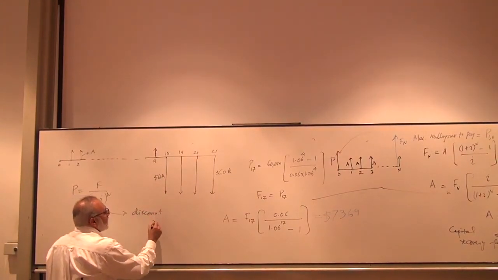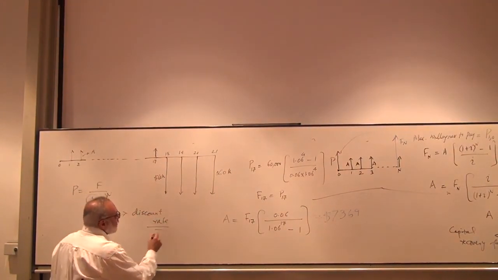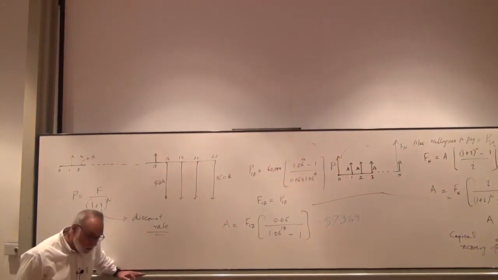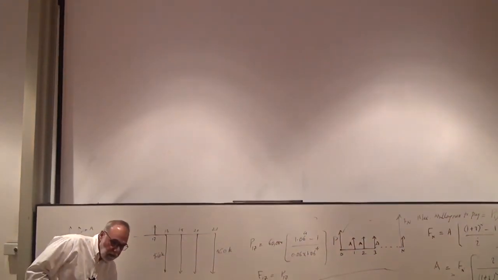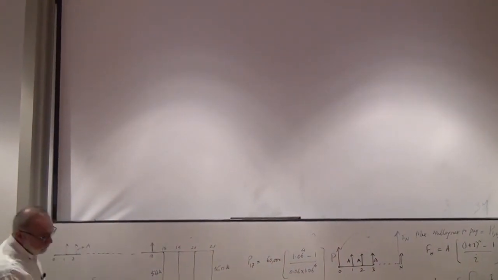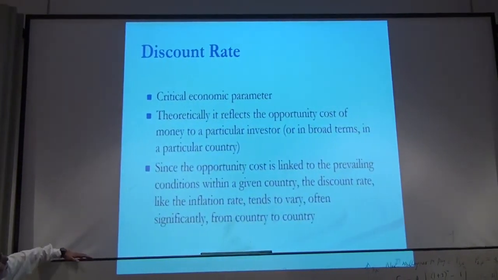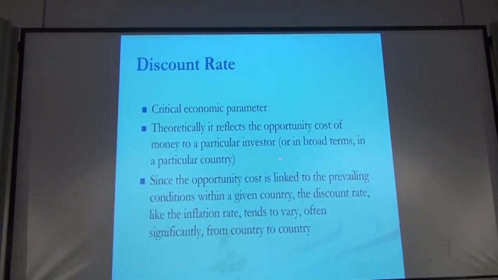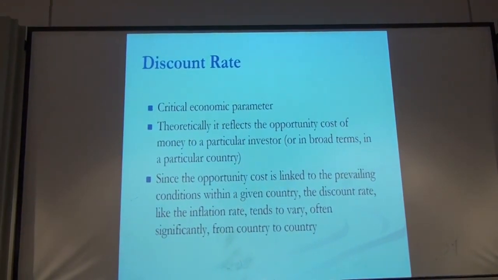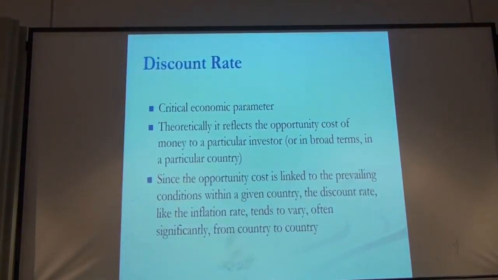And what is discount rate? It is the opportunity cost of capital. Opportunity cost of capital is the discount rate. So theoretically it reflects the opportunity cost of money to a particular investor, or in broader terms to a particular country.